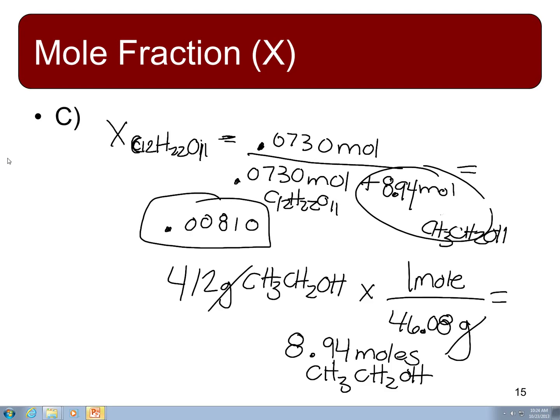Has anybody gotten to weight percent yet, or percent by mass? What did you get, Andrew? I got 5.72%. Very good. We're looking for the percent of sucrose, so you don't even have to do the second part.